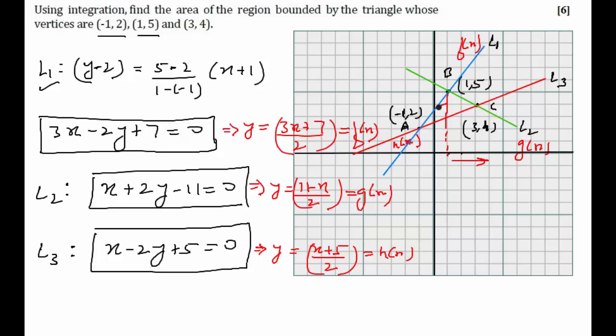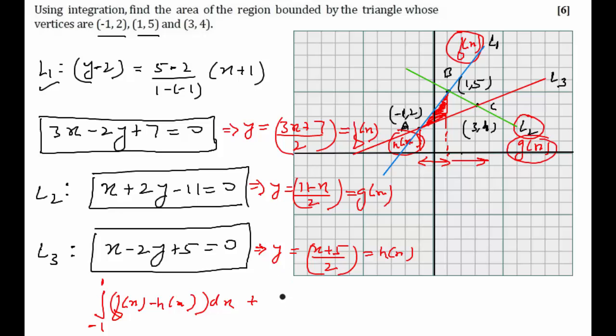Okay, so if I have to calculate this portion which I am shading right now, this can be directly found by doing this particular integration of f(x) minus h(x) from -1 to 1. Now when we move further, our upper function is now the equation of line 2, which is basically g(x).